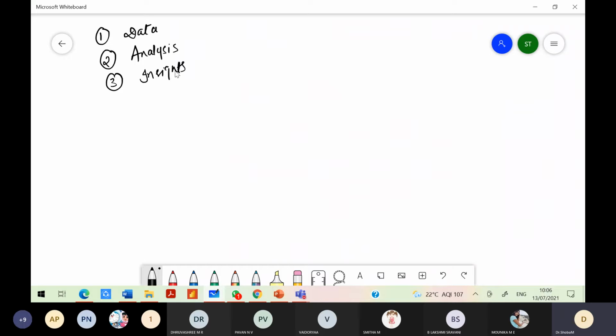So are you people familiar with any of the business intelligence tools? Have you heard of any business intelligence tool? Heard of Tableau? Any one of you? Heard of this particular tool, Tableau?